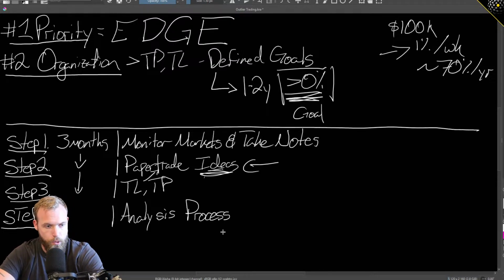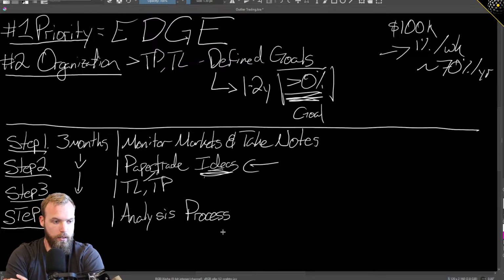An analysis process. Here, all we're doing is trying to create a standardized process with respect to how we conduct analysis. So this is not going to be always check the 6-month chart, the 2-month chart, the 1-month chart. It's not that at all. We're thinking at a much higher process level here.